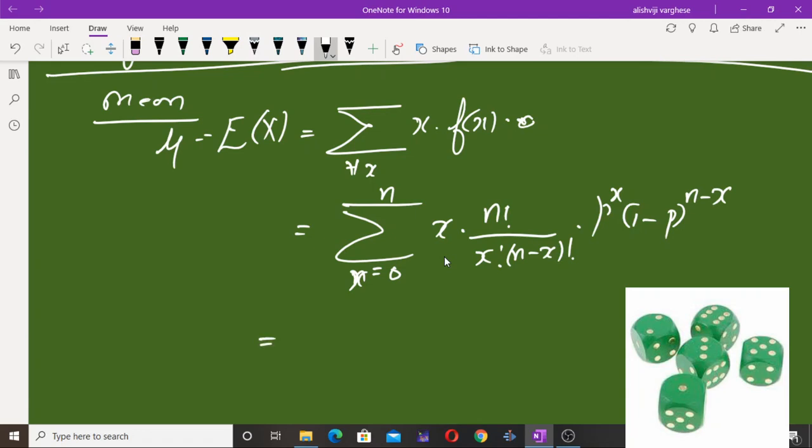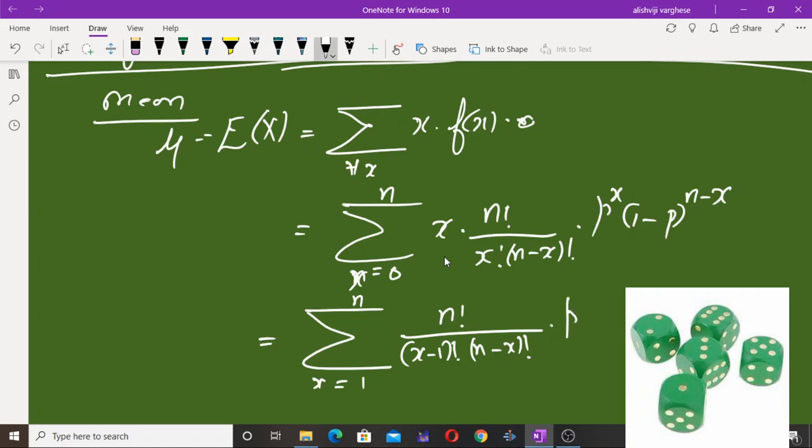Now this can be simplified as summation, when x is equal to 0 this term will vanish, and so we can write it as x is equal to 1 to n. Here just cancel this x and x factorial, so it gives n factorial divided by x minus 1 factorial into n minus x factorial into p raised x into 1 minus p raised n minus x.